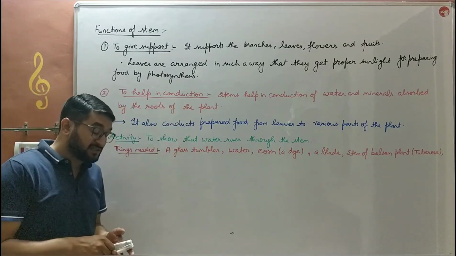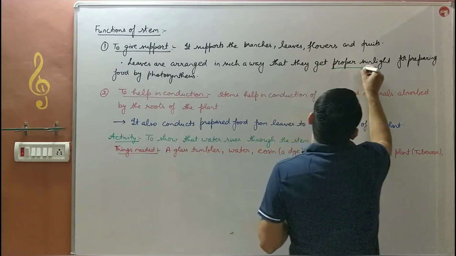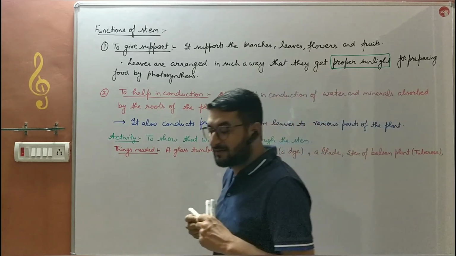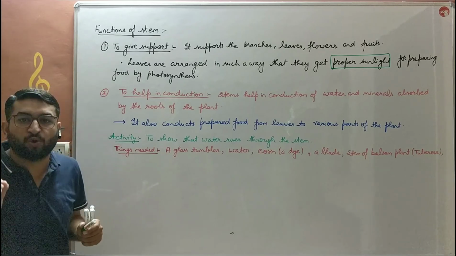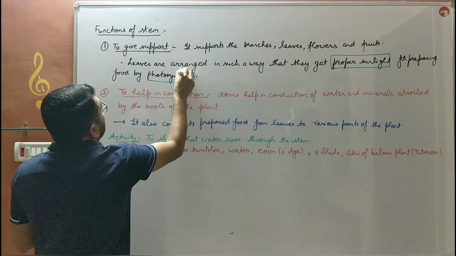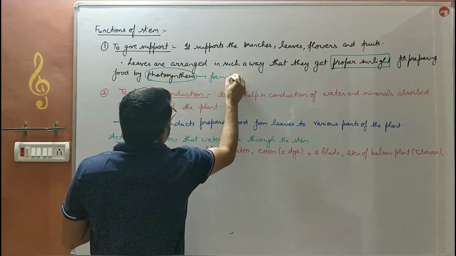Also, stem ensures the position of leaves to get proper sunlight. Why do they require sunlight? Because a plant's leaf has a pigment named chlorophyll, and chlorophyll traps solar energy to perform photosynthesis, that is formation of food.